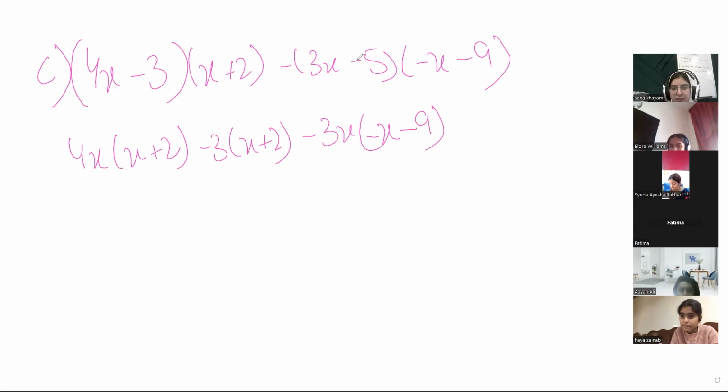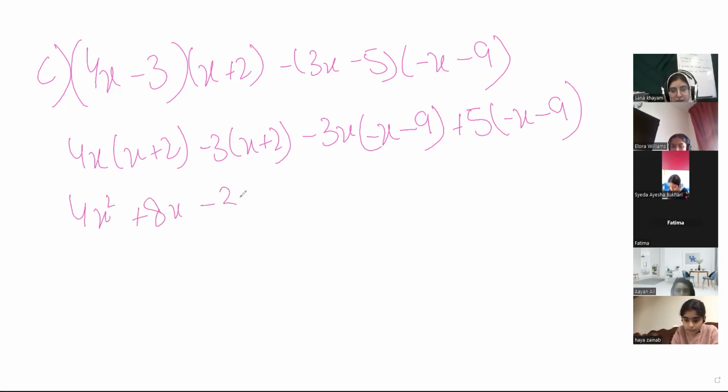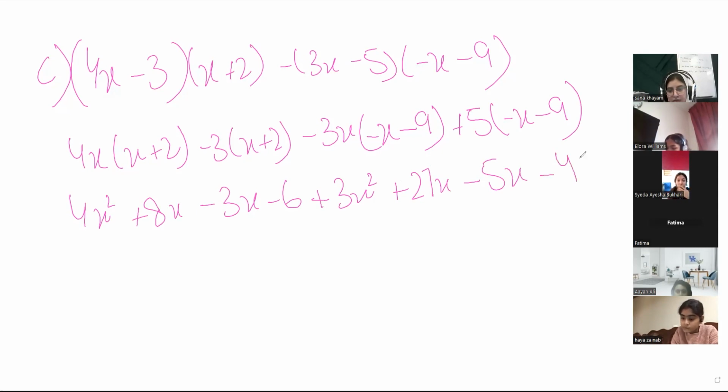Now we have a negative sign over here as well and a negative sign over here as well, right? So it's going to turn into positive sign, and then minus x minus 9 again. So this is going to be 4x square plus 8x minus 3x minus 6 plus 3x square plus 27x plus minus minus 5x and then minus 45.